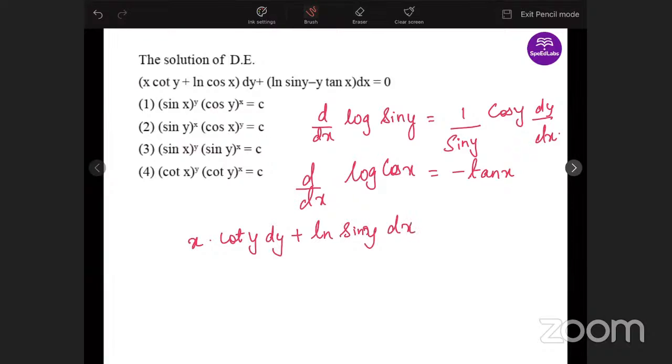Plus, no, minus y tan x into dx I can write, minus ln cos x dy. Can I write it like this? Yes, sir.